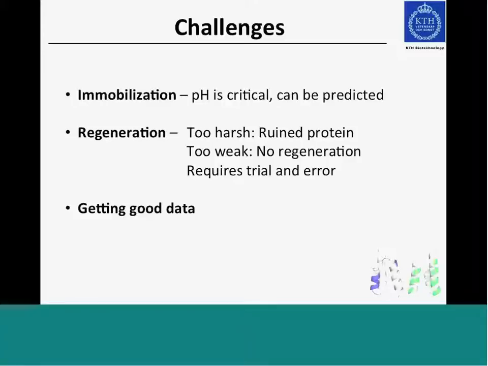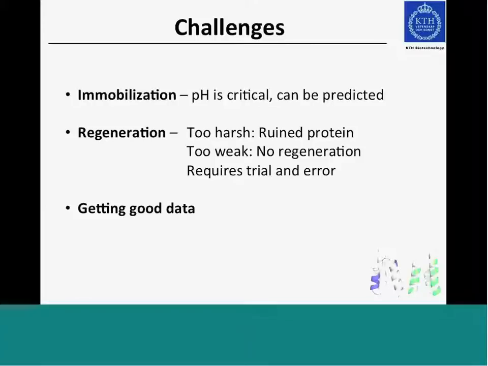But the regeneration is a little bit more problematic. If you regenerate too harsh, you will ruin your protein over time. If you have too weak regeneration, you will have no regeneration at all. And this requires a little trial and error. You have to sort of see what works. You have to try something first, and then if that doesn't work, you have to work your way forward.